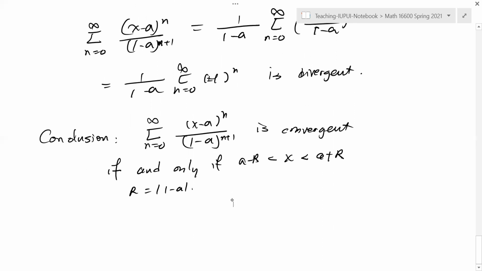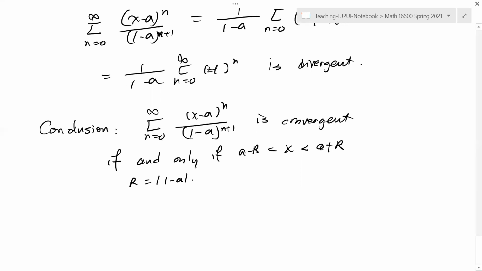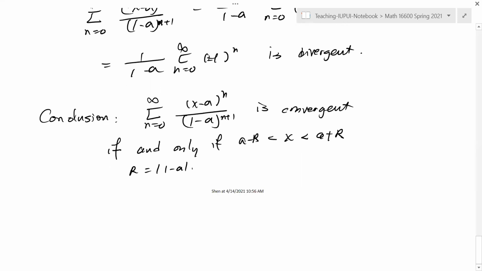It is divergent at the endpoints. So it defines a function, but we don't know what that function is generally.